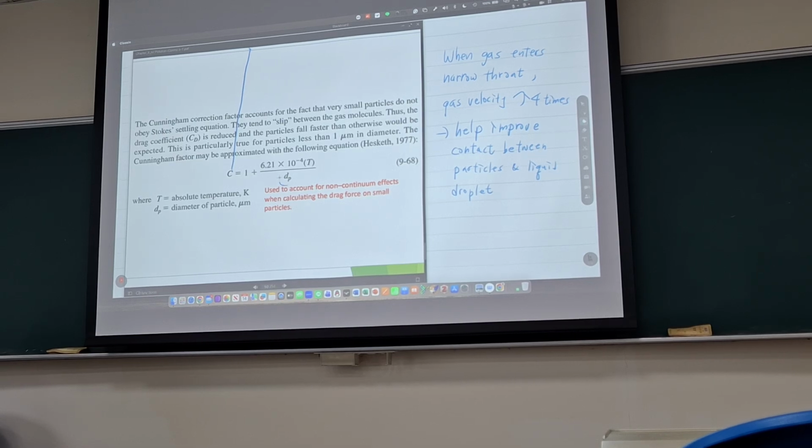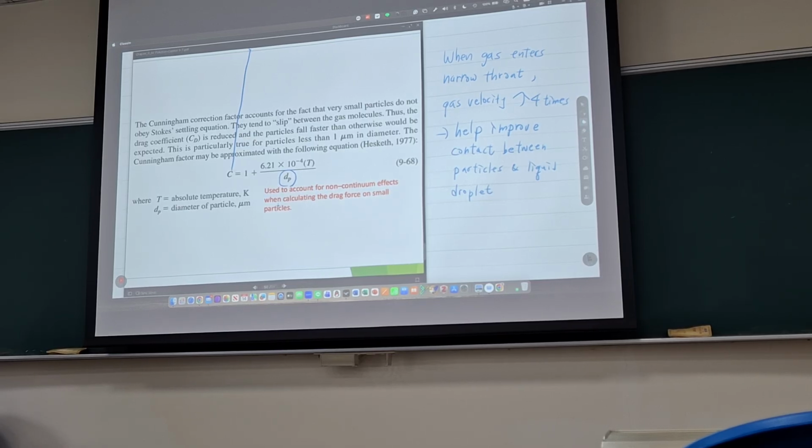So dP is the diameter of the particles, times the absolute temperature, K.